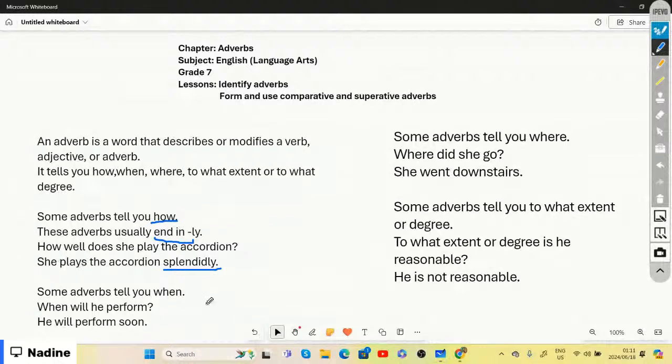And some adverbs tell you when. When will he perform? He will perform soon. So soon can tell us when he will perform.